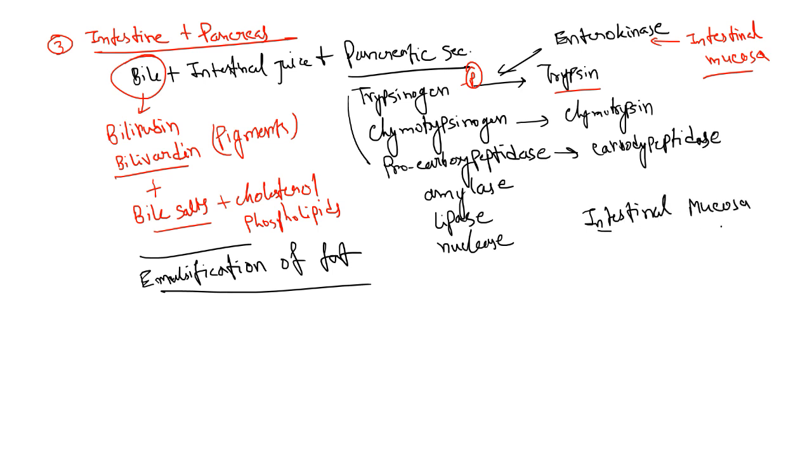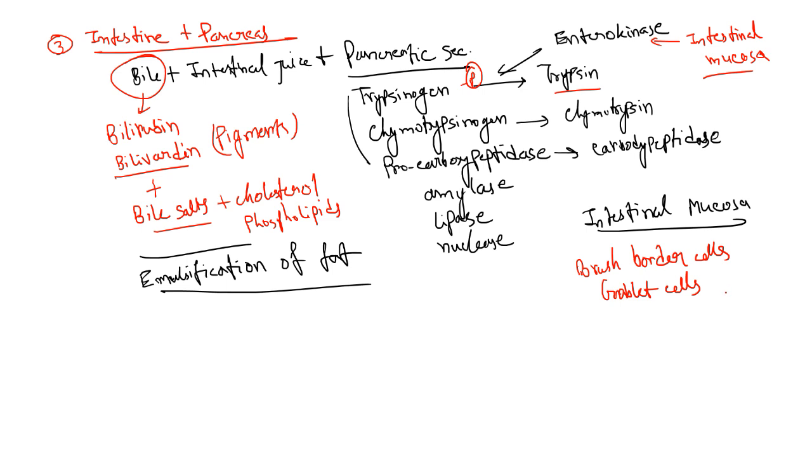Remember, intestinal mucosa here produces enterokinase. Same intestinal mucosa here, they have two different types of cells, brush border cells and goblet cells.